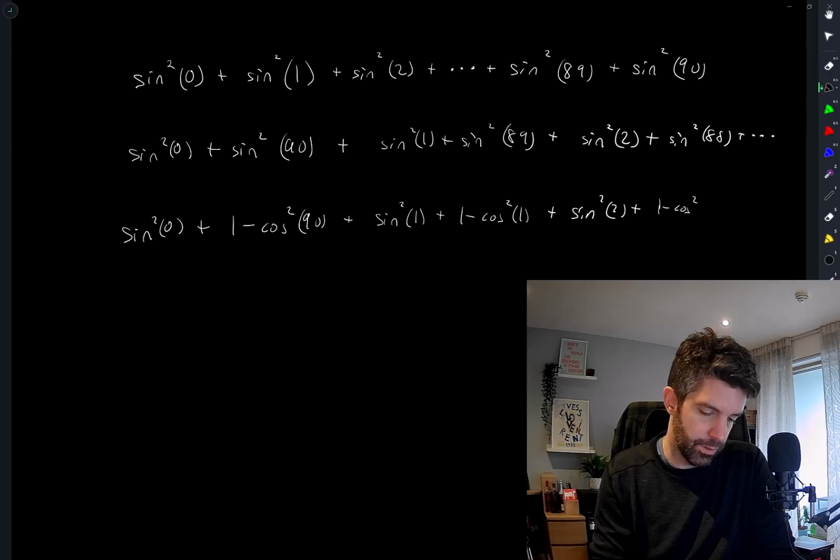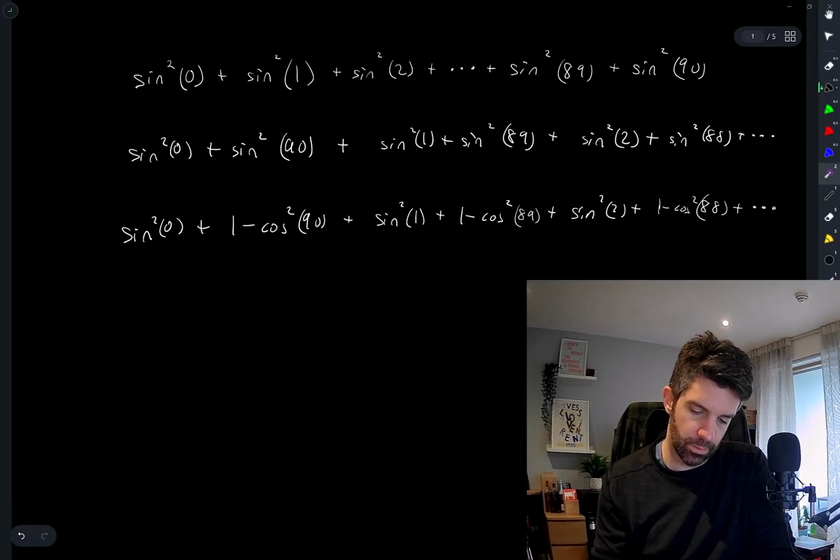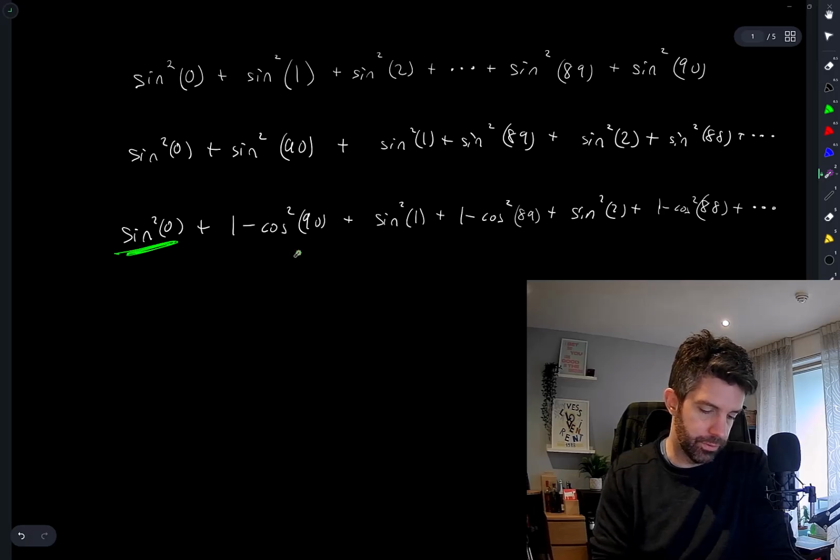Oh, sorry, that's an 89, cos squared of 89. Then sine squared of 2 plus 1 minus cos squared of 88, plus and so on. Now, sine of 0 is 0. Cos squared of 90 is 0. So this is 1.